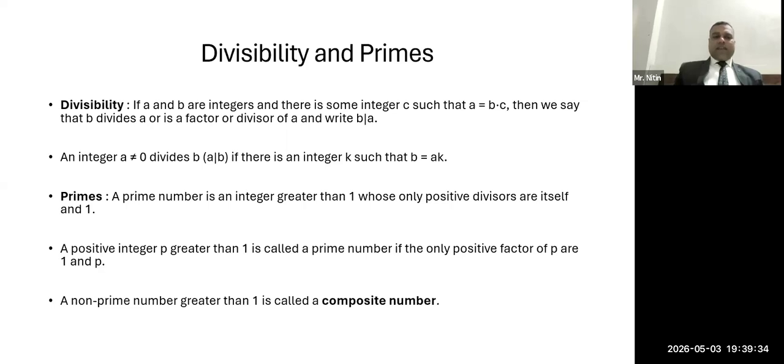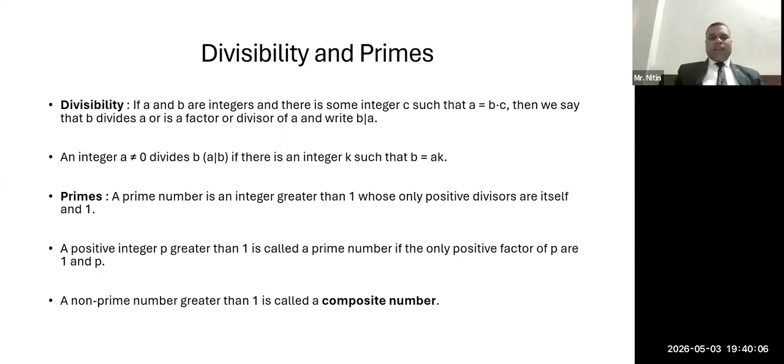Another way to define primes in general: a positive integer P greater than 1 is called a prime number if the only positive factors of P are 1 and P.